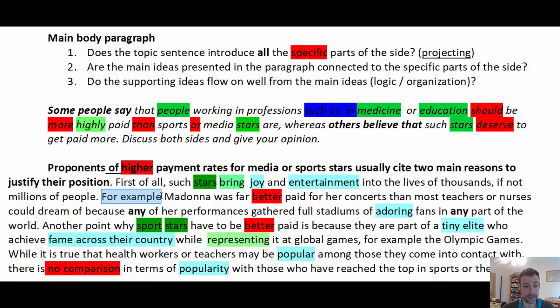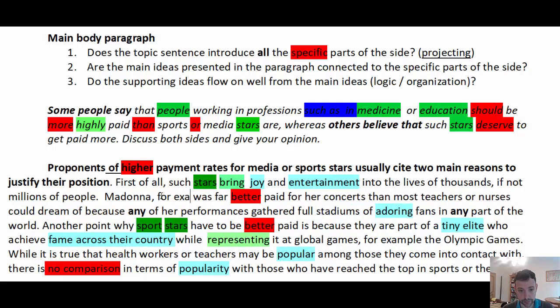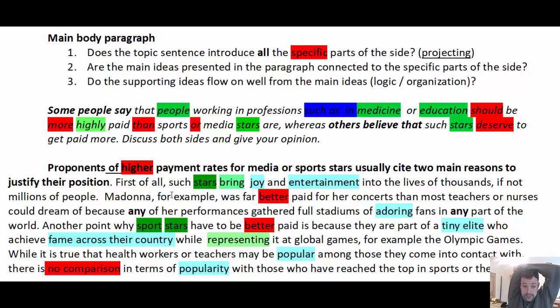It's very rare. It's only typical in something like cooking instructions. First, take the sugar, then take the milk. What you can do, Madonna, for example, you can just put it after the subject, and this shows the examiner that you have flexibility in organisation. You know, Madonna, for example, was far better paid.